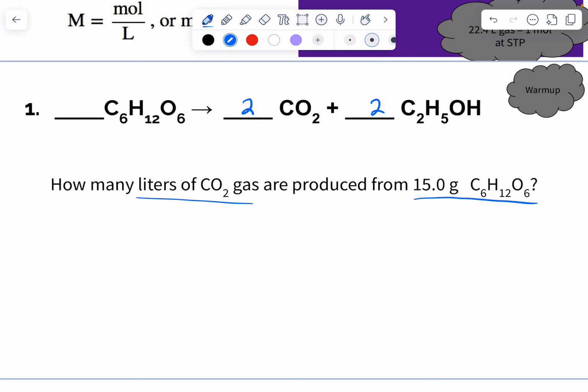So just to warm up, I'm going to go through this problem quickly. We're converting 15.0 grams of sugar, glucose, and we are trying to figure out how many liters of CO2 gas are produced. And again, this is just a warm-up problem. If you are coming from the last set of notes, this should be somewhat of a review.